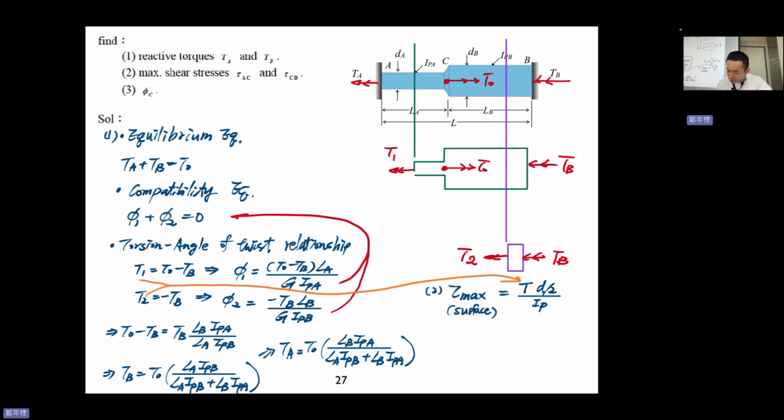For section 2, you need to substitute half DB, and your IP should be IPA and IPB for sections 1 and 2 respectively. So you need to obtain your own value. For example, tau max 1, so it should be T1 DA over IPA. Sorry, this should be 1.